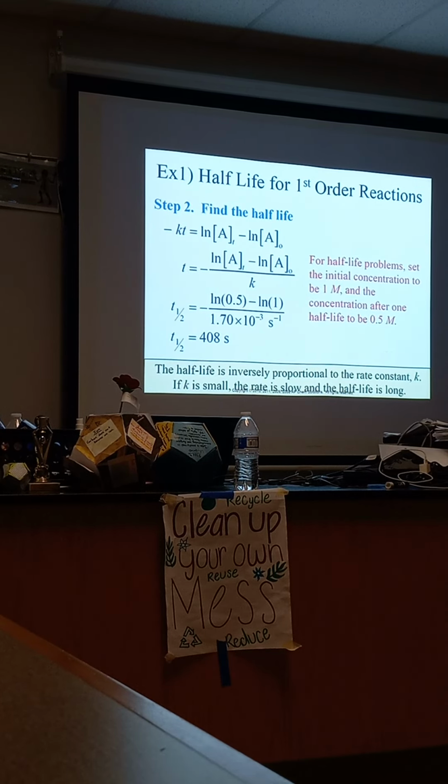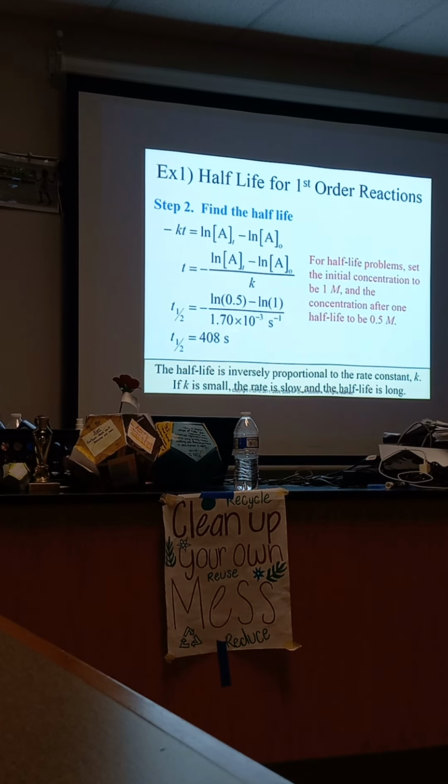All right, so the next thing is they're going to have us use the integrated first order rate law, and then we solve for t, get t by itself, and then we plug the concentrations in: 1 is the initial because it's half-life, and 0.5 is the final.